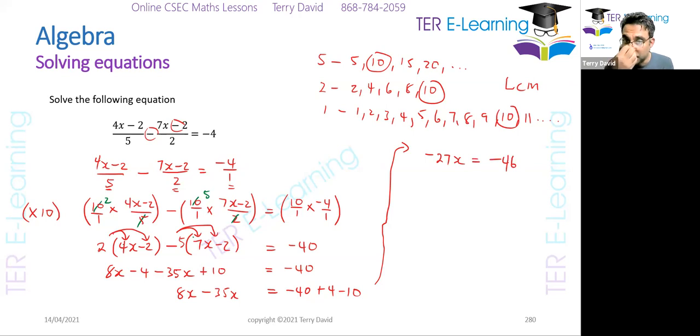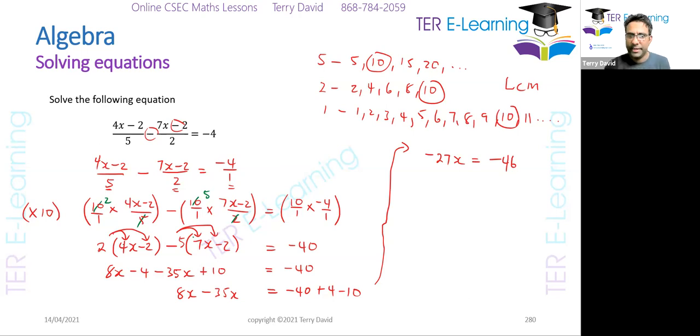All right, so let's just double check this answer, make sure it's correct, before I work out the final answer. So LCM was 10. So this is 2(4x - 2), and this is 5. So this is 40 here. And 4 2s are 8, 2 2s are 4, 7 5s are 35, and that's plus 10.